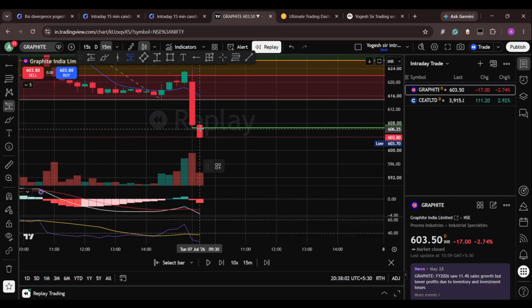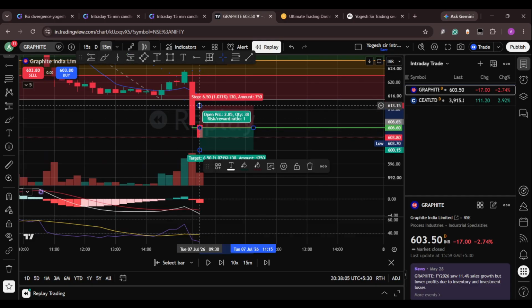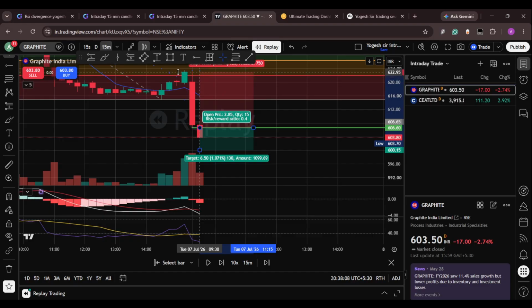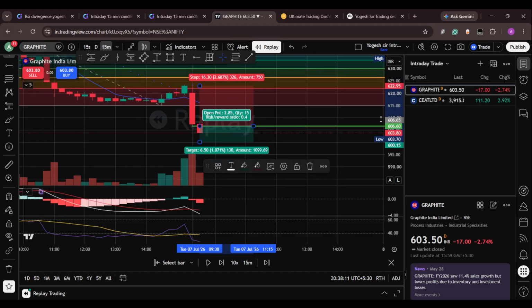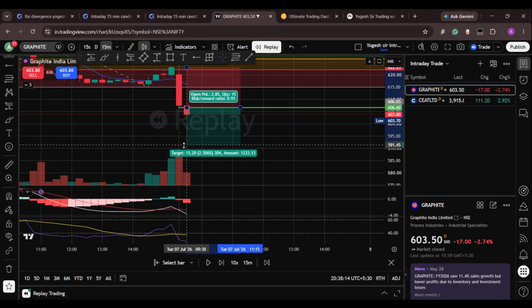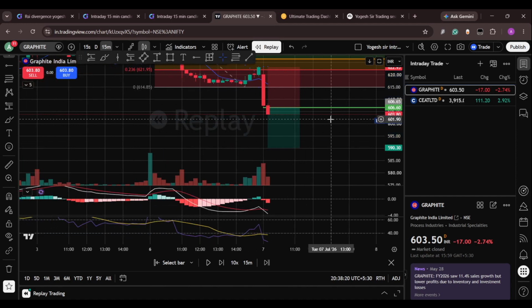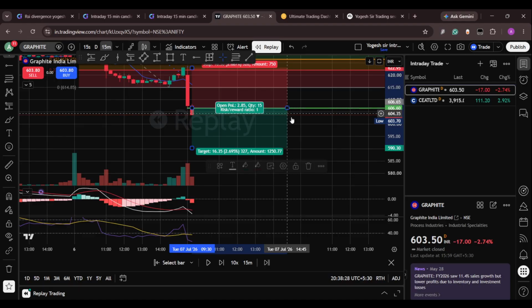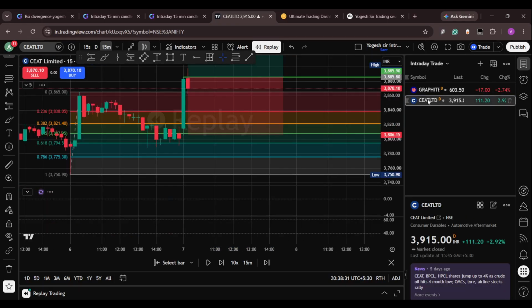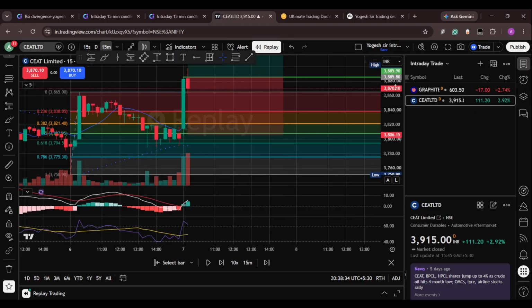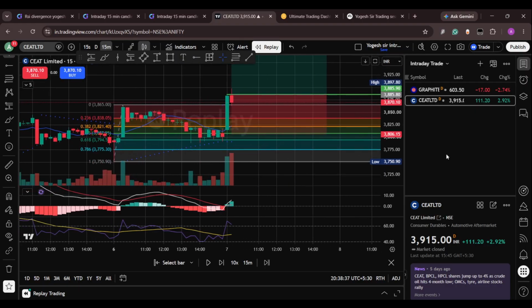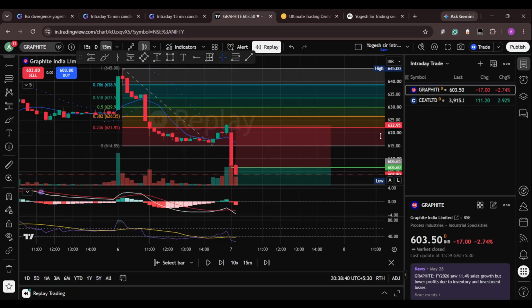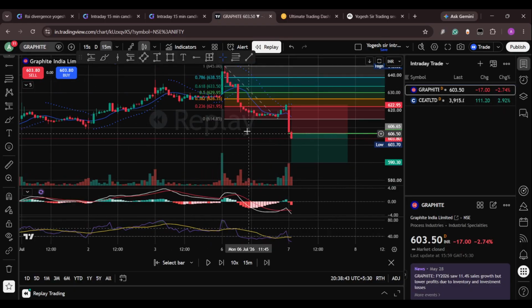Let's take a short trade. I will keep the previous candle high as stop loss, take a 1:1 trade. My max trade time is 2:45. Okay. And now let's see how the trade goes for the day.